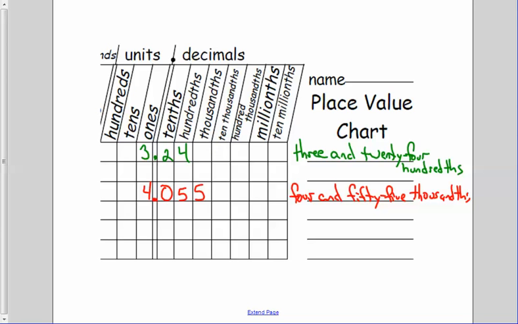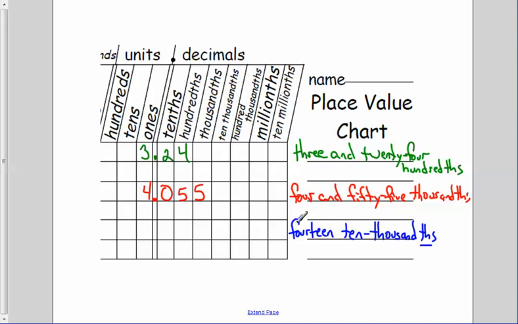And our last example would be to say I want to write 14 ten-thousandths. Well, the one difference between this one and the previous ones is that there is no and.